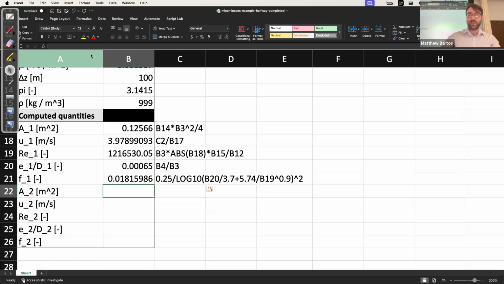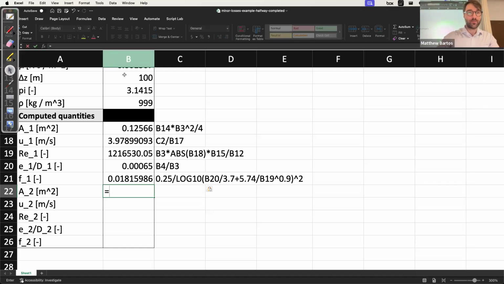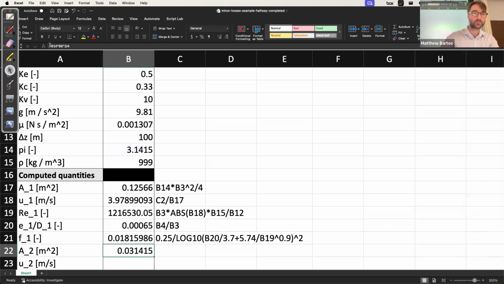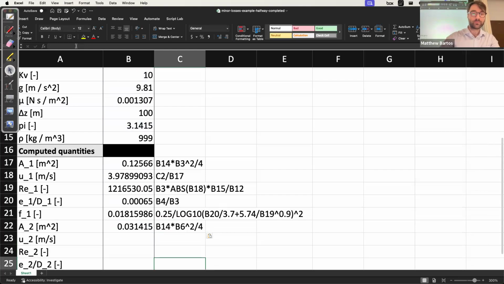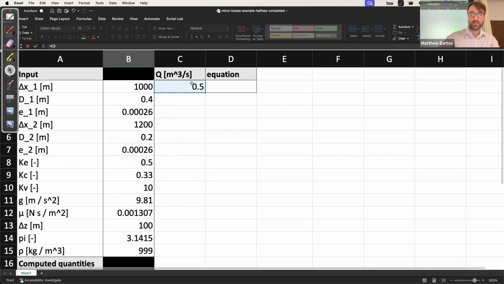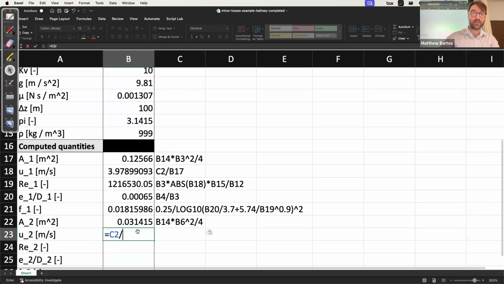For the area of pipe 2, it's the same deal: pi times the diameter of pipe 2 squared divided by 4. For the velocity of pipe 2, it's the discharge divided by the cross-sectional area of pipe 2.